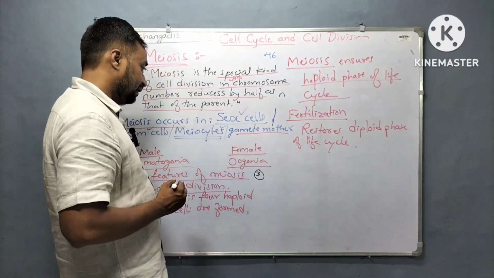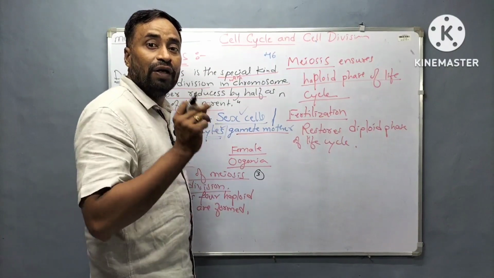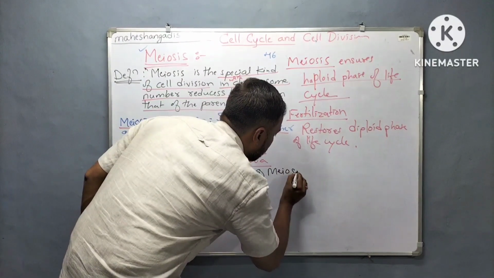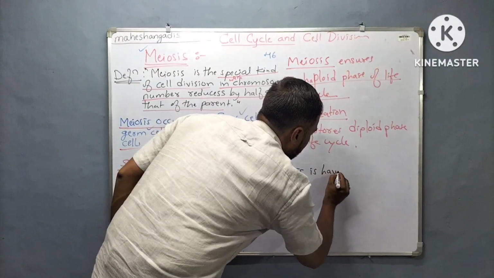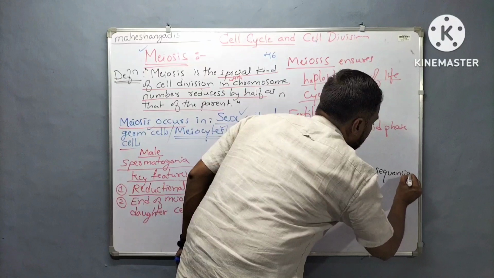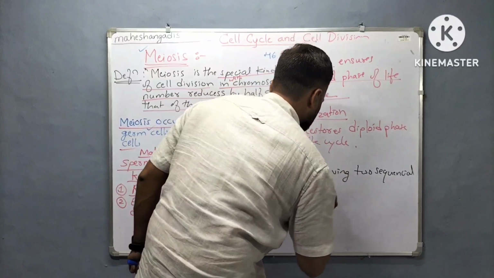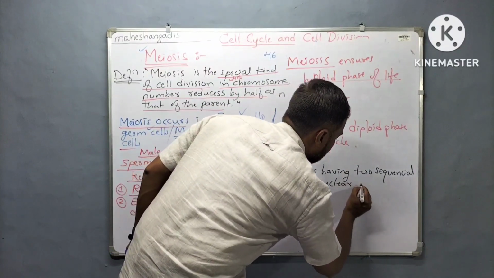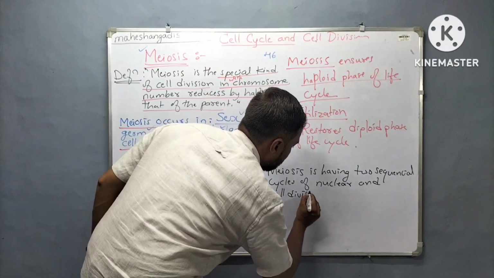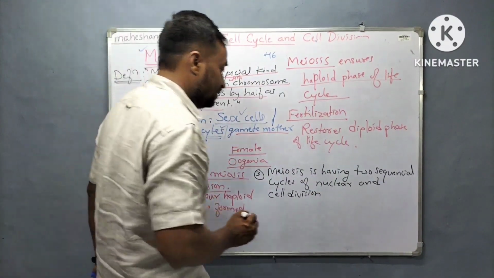Let's see what that was. Meiosis has two sequential cycles of nuclear and cell divisions.